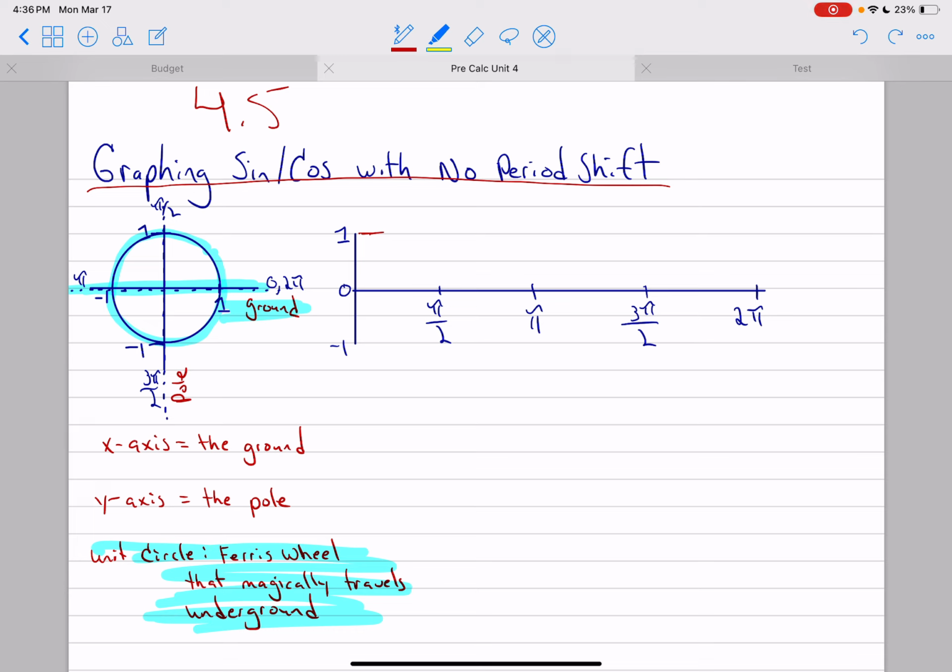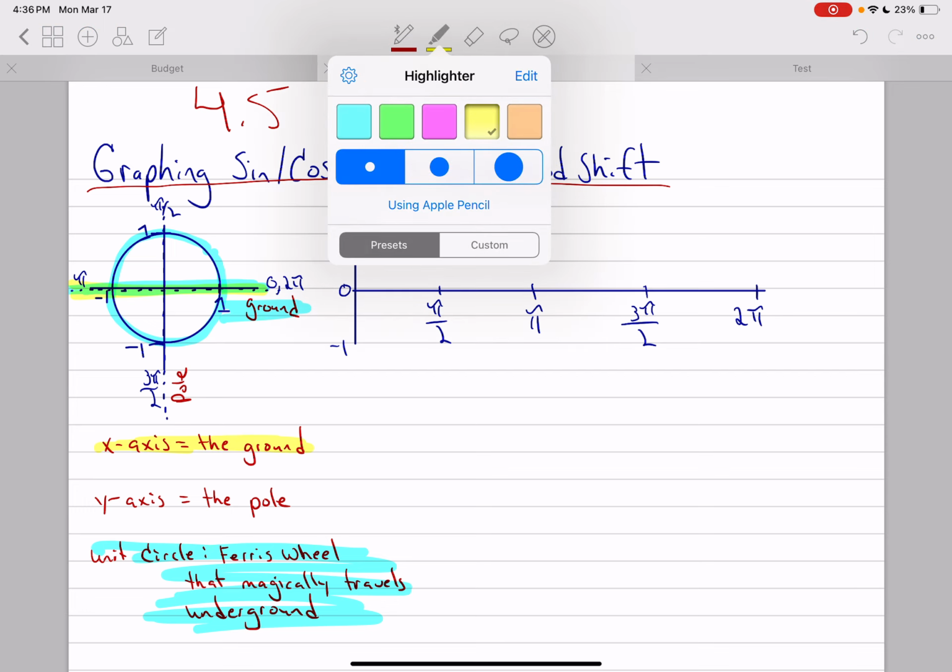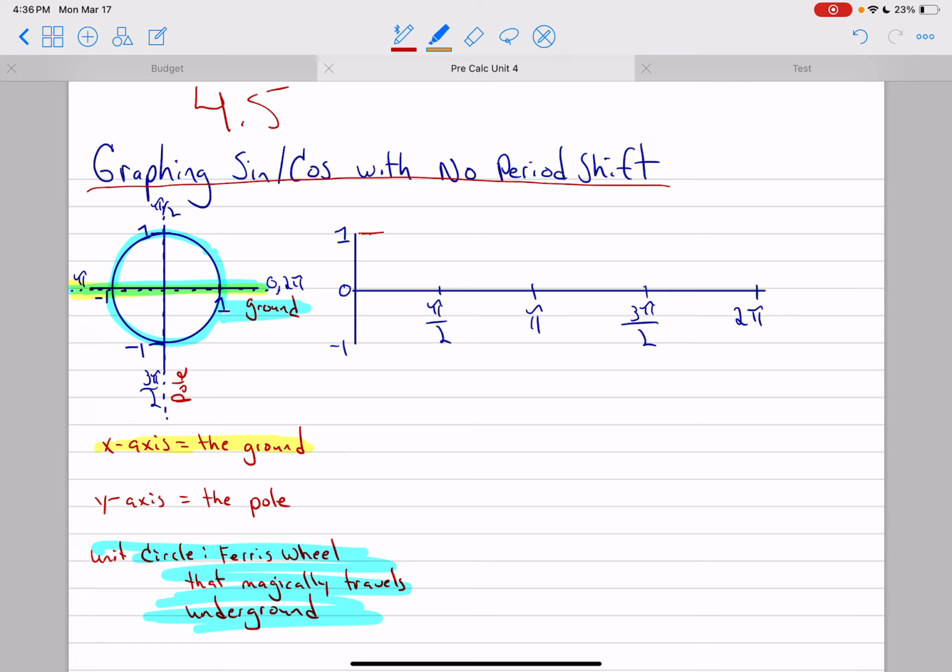Now, I'm going to refer to the x-axis as the ground, and I'm going to refer to the y-axis as the pole. This is the pole that is holding on to the Ferris wheel. The Ferris wheel attaches at that pole right there, so it is rotating around this.